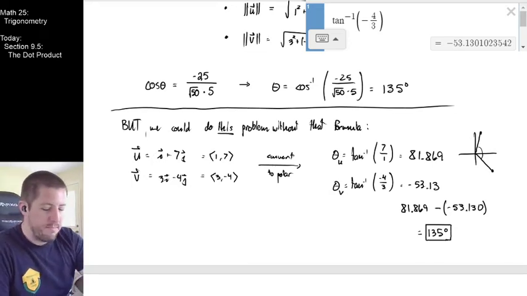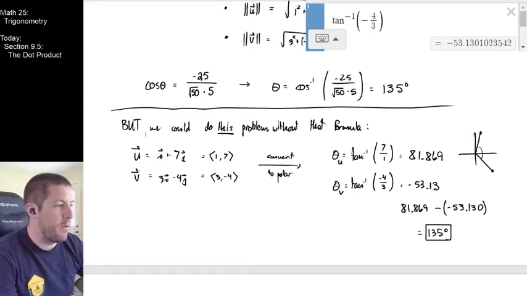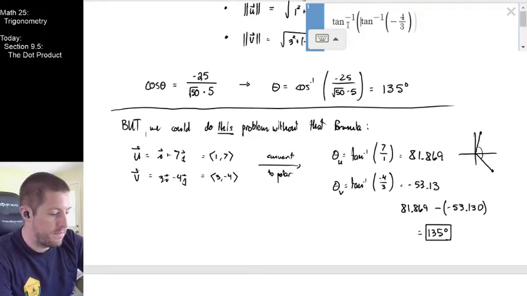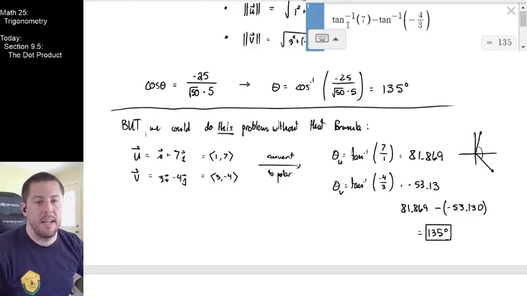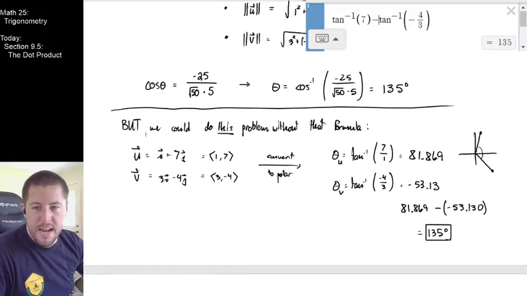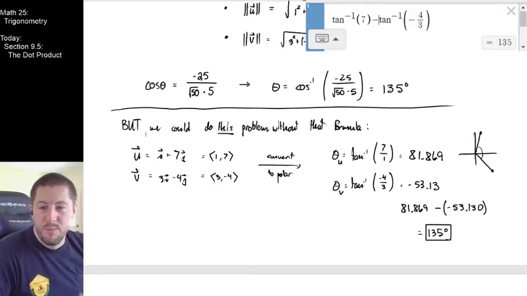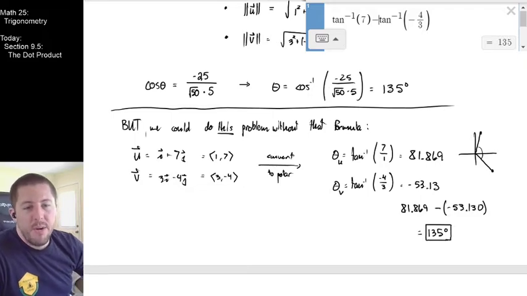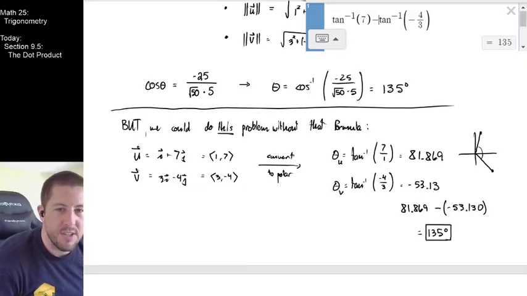Or a slightly better way to show this would be to come back over here and do it that way, right? Tan inverse of 7 minus tan inverse of negative 4/3. It's literally telling us 135 degrees exactly. The fact that it equals some really nice number is kind of shocking to me, except that we'd already done the math. We'd already gotten the answer using a different technique.